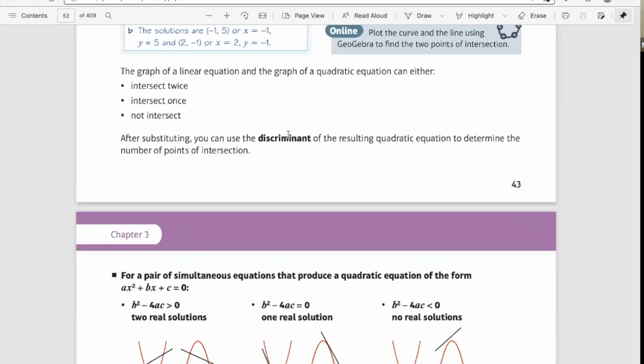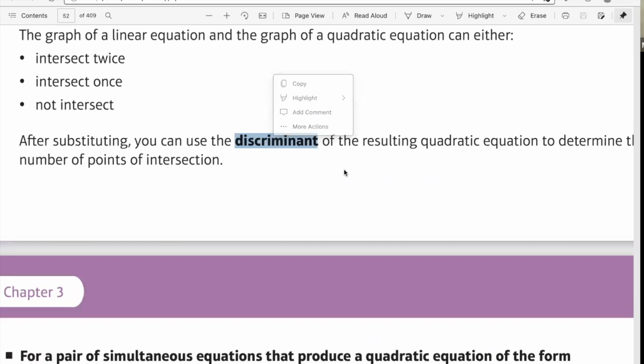Do you remember this word, discriminant? What do you remember about this? If I remember correctly, the discriminant is whether b squared minus 4ac is equal to, above or below 0, right?